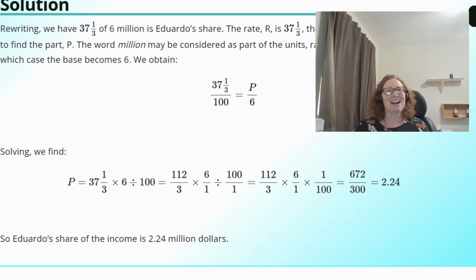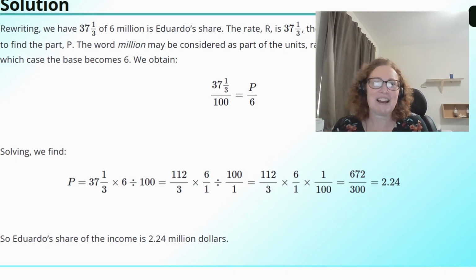Back to our misleading graph, making sure that we're looking at the exact figures on that. So in this case, we are looking at 37 and 1/3, which we make into 112 over 3.